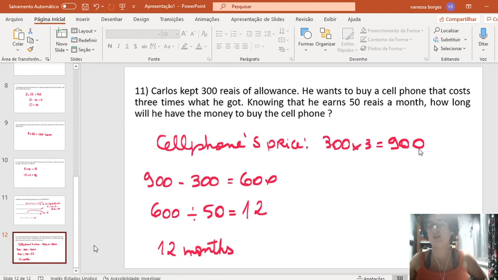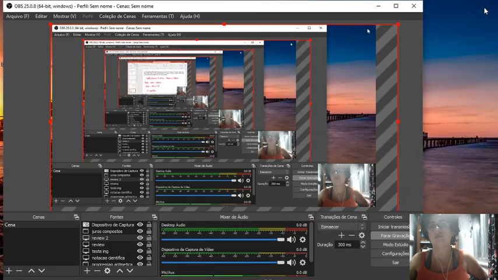So it's 900. Right? Then 900 minus 300, that is what he has, is 600. And this divided by 50 because each month he earns 50 reais. It's going to take 12 months for him to buy his cell phone. Okay?